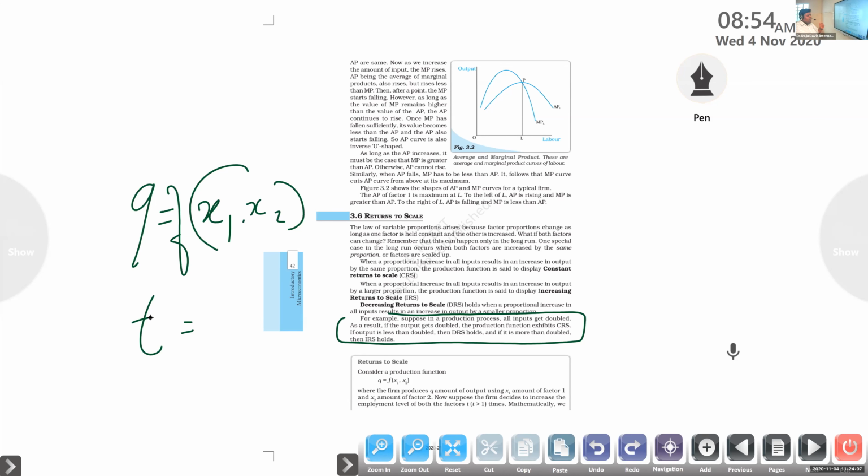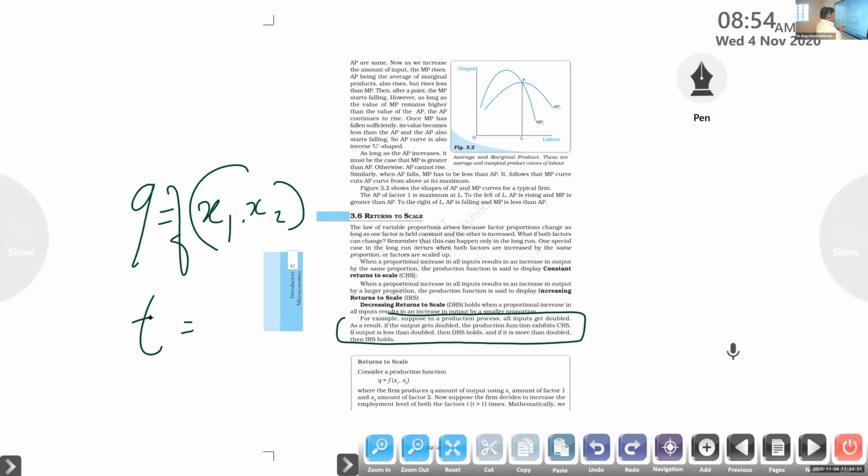So the value of T is always greater than 1. We will find T in the coming equations, so just keep in mind that the value of T is greater than 1 at all times.